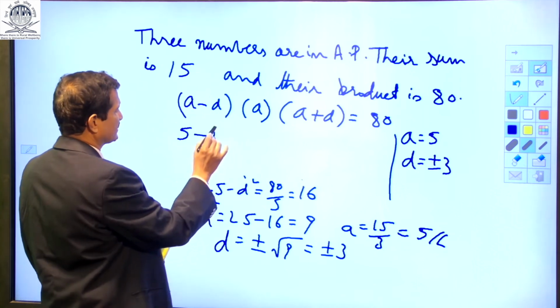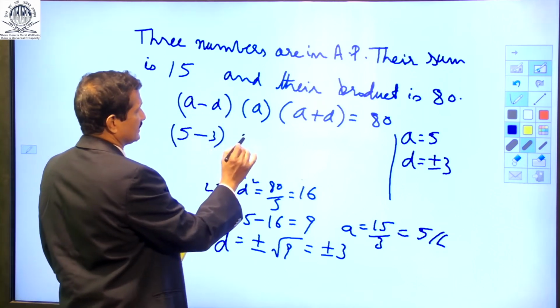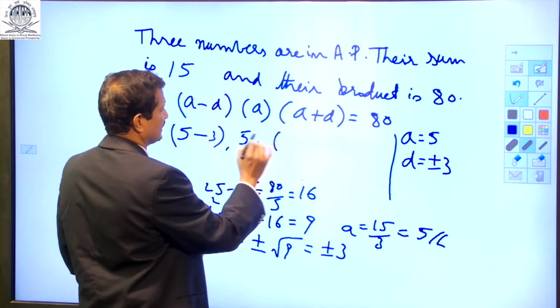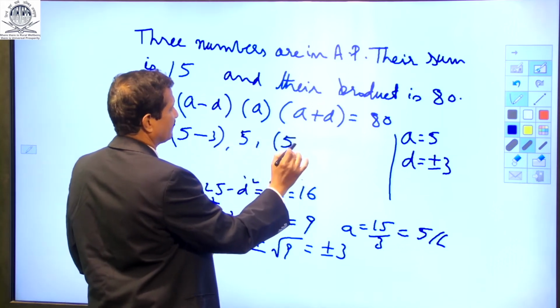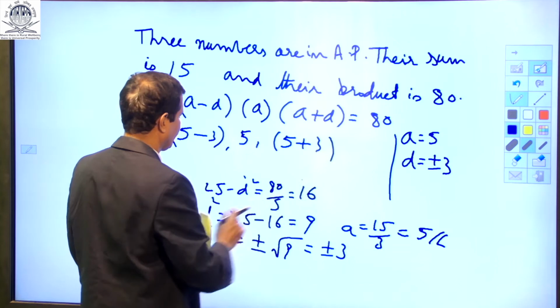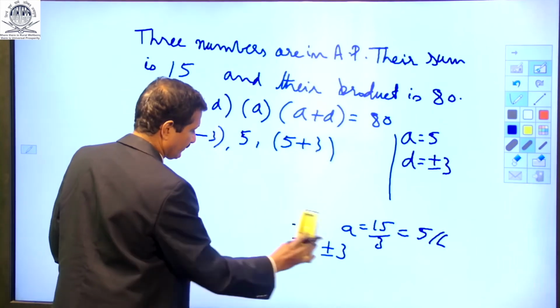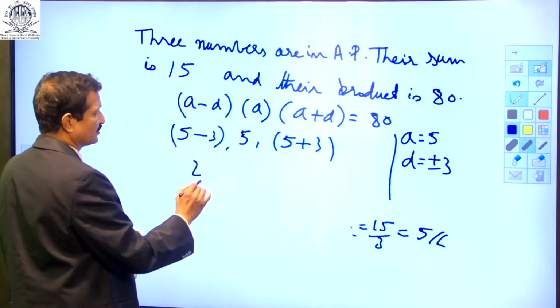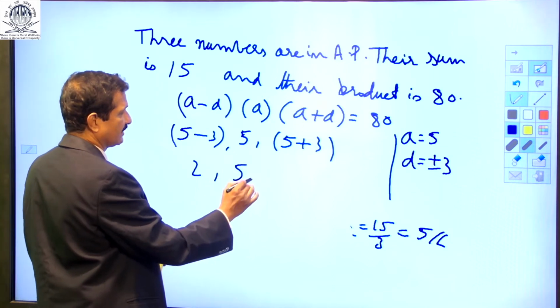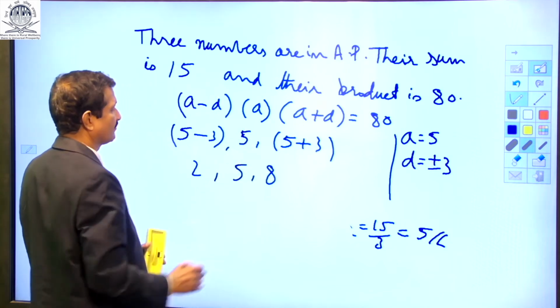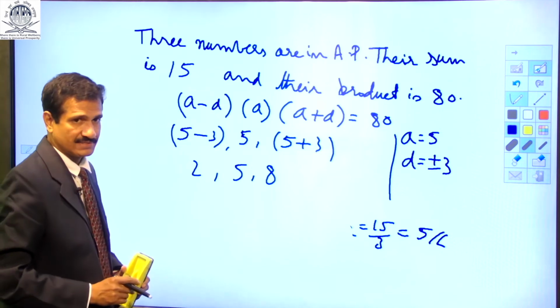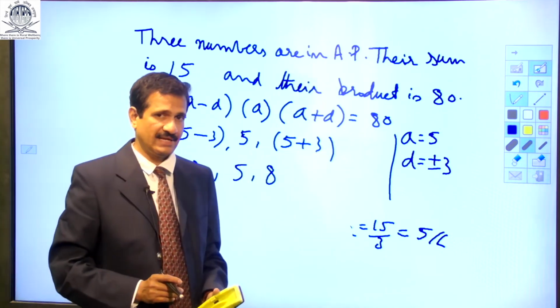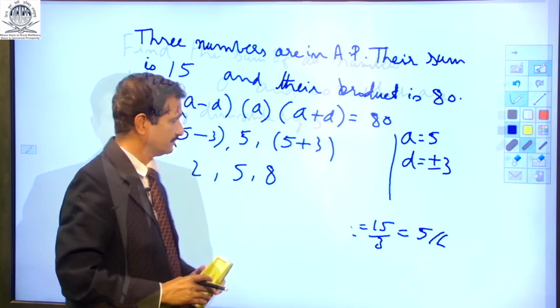So, this is 5 minus 3, 5, and 5 plus 3. This comes to 2, 5 and 8. So, these are my numbers. You can also choose minus 3 and check your answer.